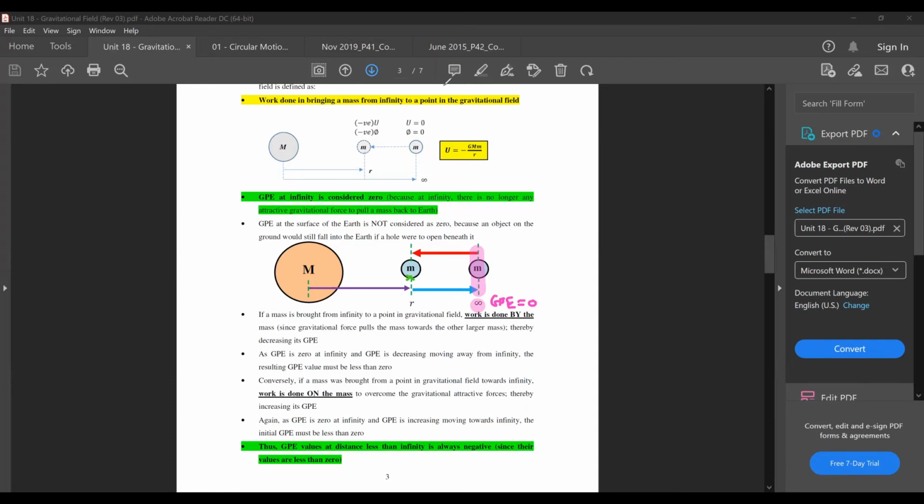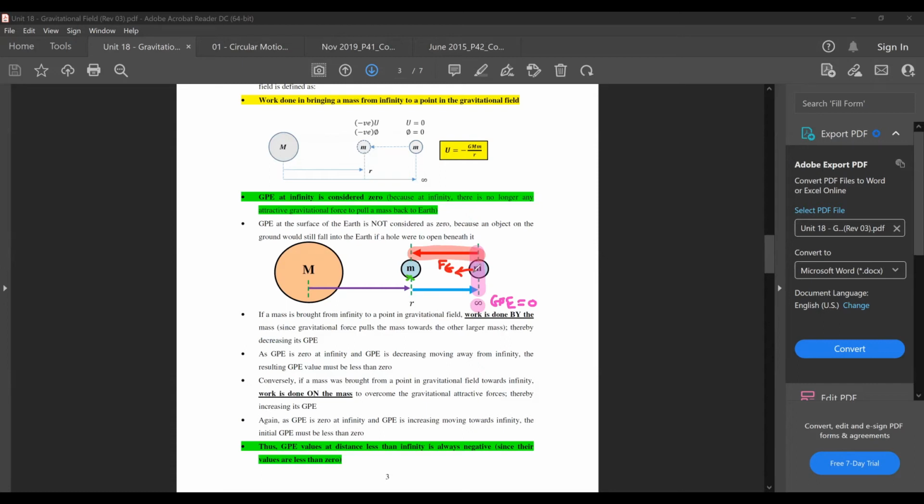Now, if you bring a mass from infinity to this point, you can think of it as this. If the mass at infinity here goes slightly out of position from infinity, you will start to have a gravitational force, isn't it? So the thing here is this.